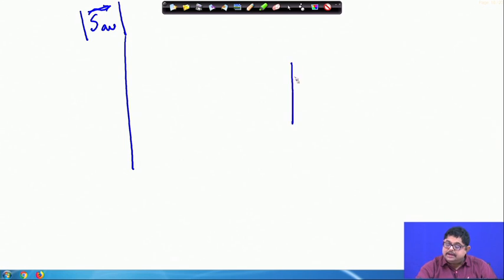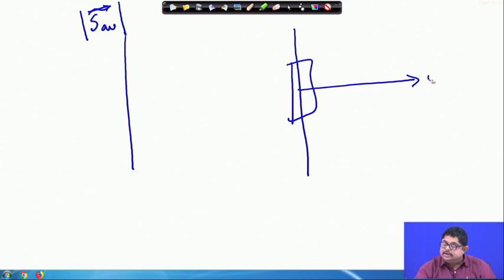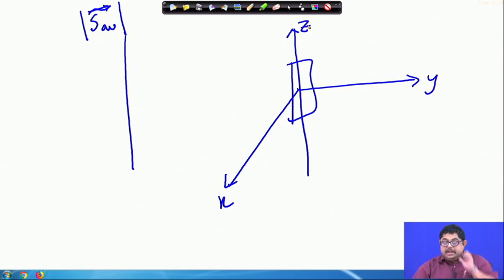So, this is our current element. Now, let us say this is our y axis, this is our x axis, this is our z axis, and in these 3 dimensions we will plot S average.